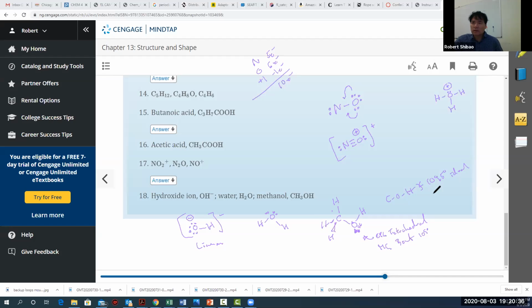However, we estimated about 105 because of the 2 lone pairs. 1 lone pair compresses this angle by 2, so it goes from 109 to 107. And then 2 lone pairs will compress another 2 degrees to make it about 105.